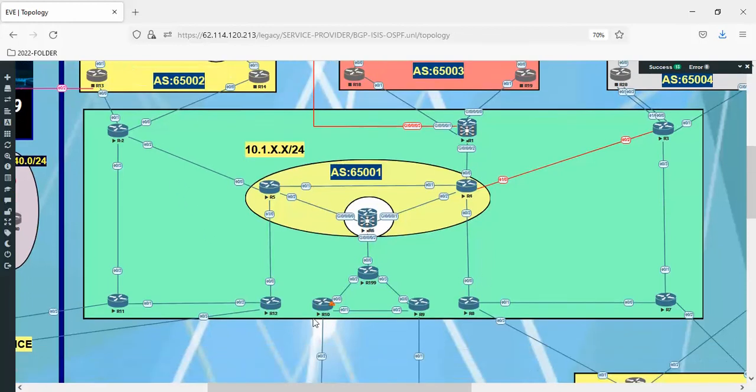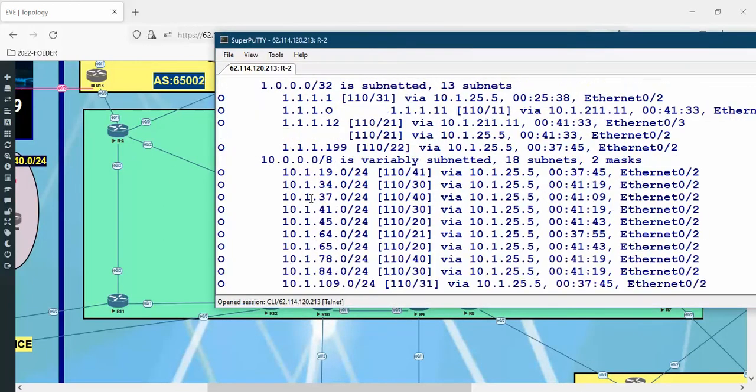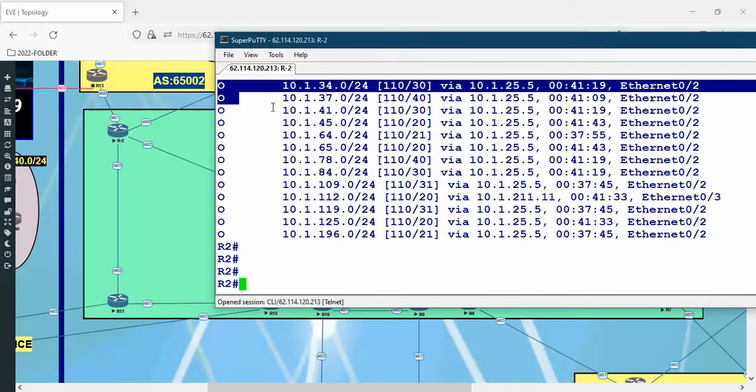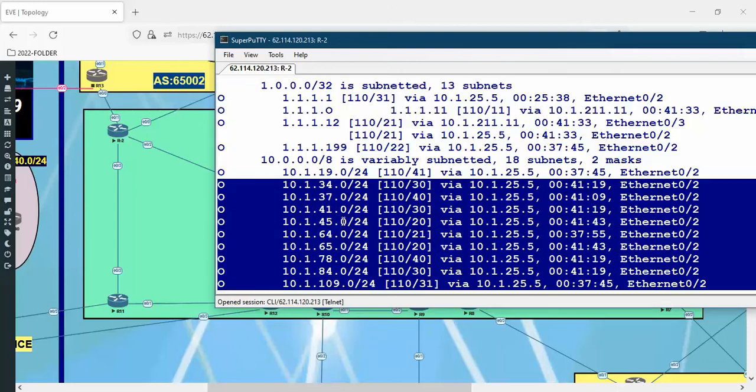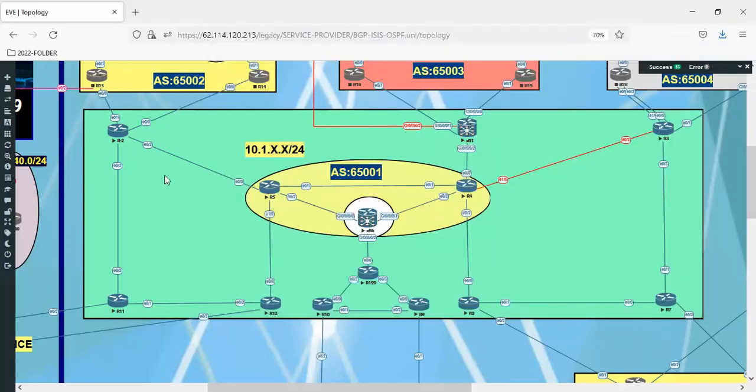Okay, my friend, so let's continue. Right now, this shouldn't be here after we configure the prefix suppression feature. By the way, we're going to configure the prefix suppression on all the routers.